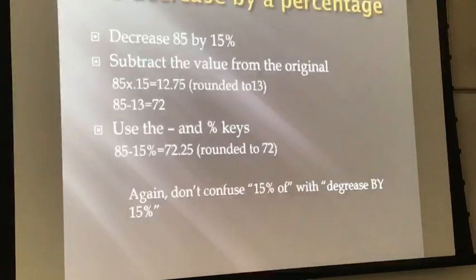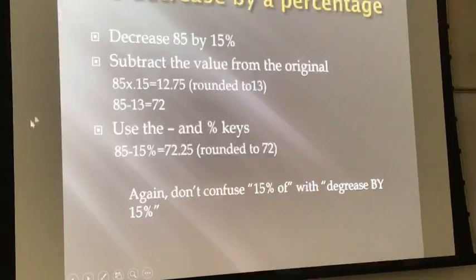Okay, now to decrease by percentage, everything just kind of changes around. So decrease by 15%, then you can follow the same steps. 85 times 0.15 gives you the same 13, so 85 minus 13 is going to give you 72. All right, so notice you're not going to have the 1.15 because you're not increasing by, you're decreasing by.